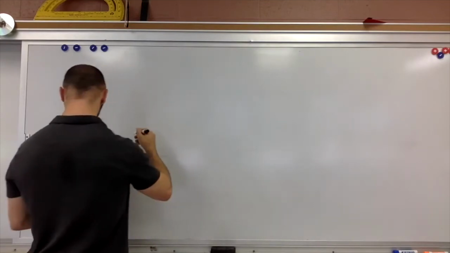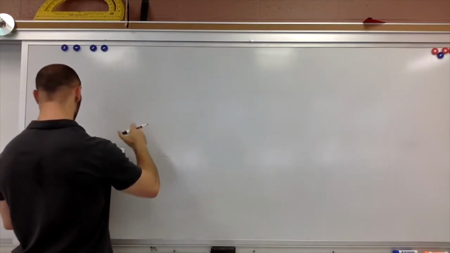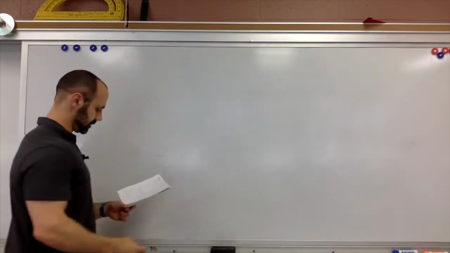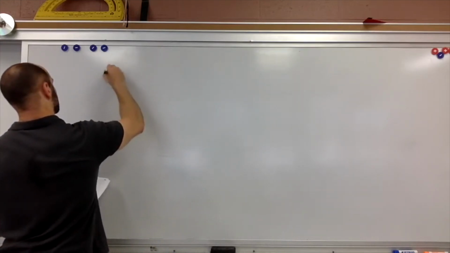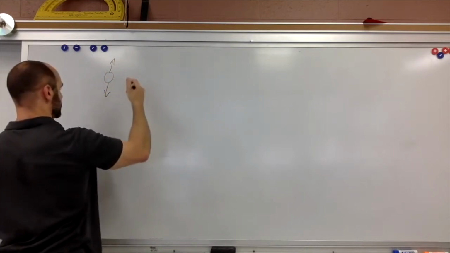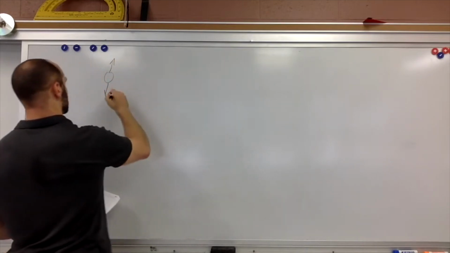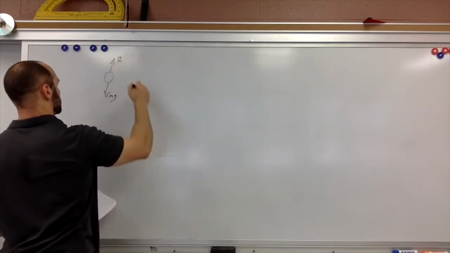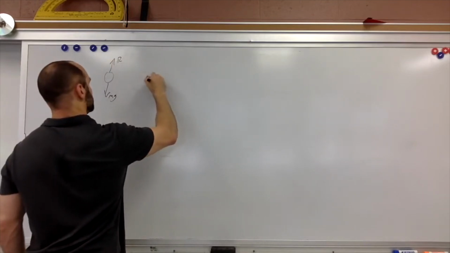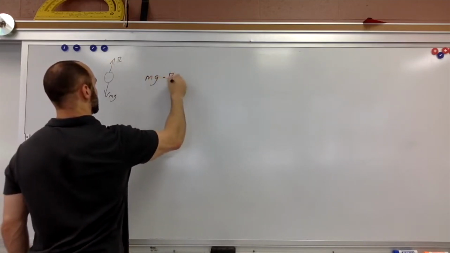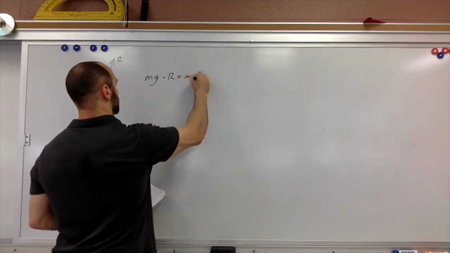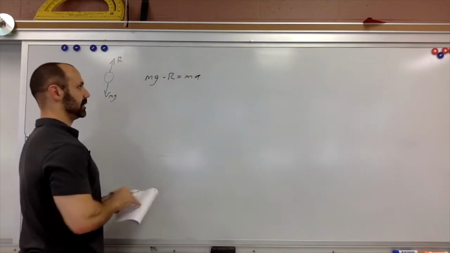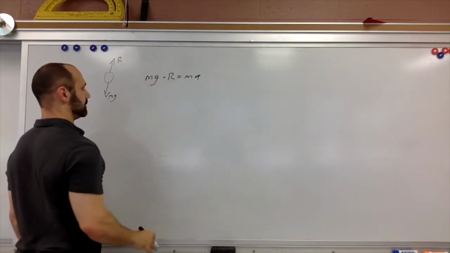So what we end up with is if we imagine something falling down, and it's reaching its terminal velocity, or whatever it is, as it's speeding up. This is mg, and this is r. Let's call it r for now. So mg minus r equals ma, mass times the acceleration. The acceleration is down, so I'm going to make down positive here.